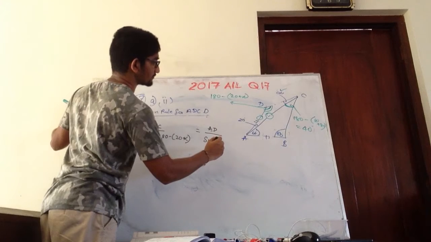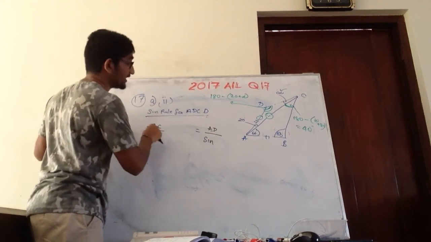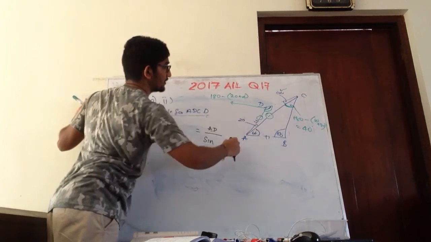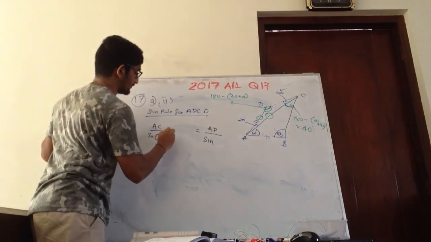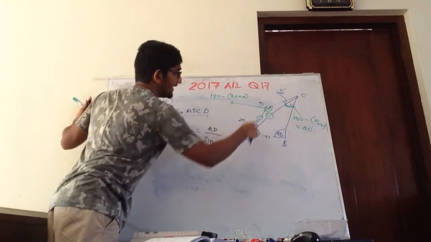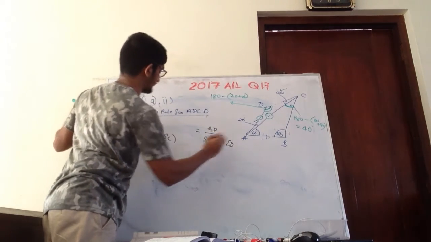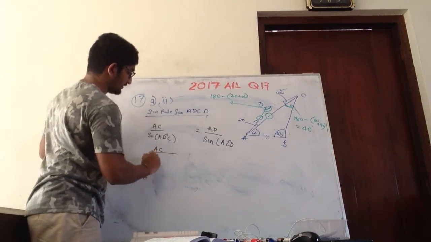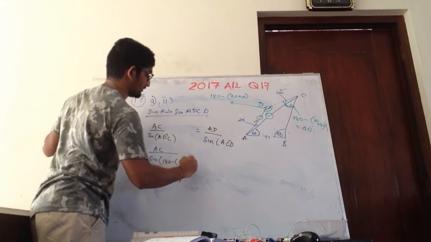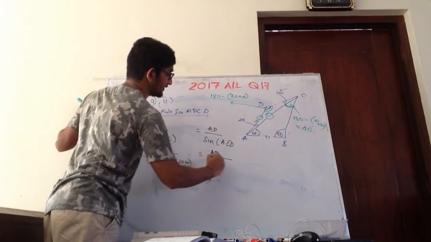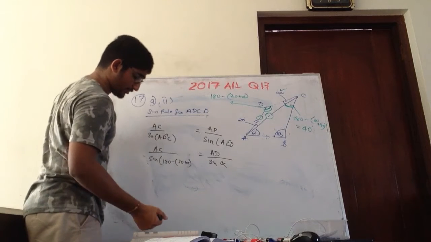If I write it along the way, this will be AC over sine ADC, and AD over sine ACD. So this is AC over sine(180 minus (20 plus alpha)), and this is AD over sine alpha. Then you need AC over AD.